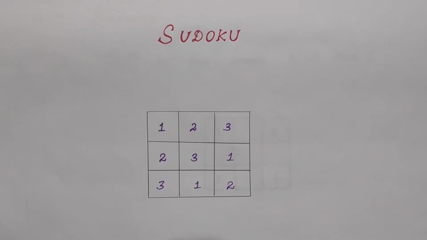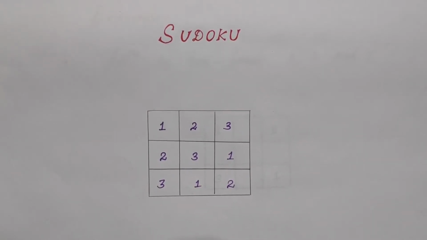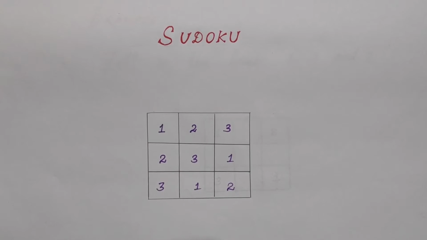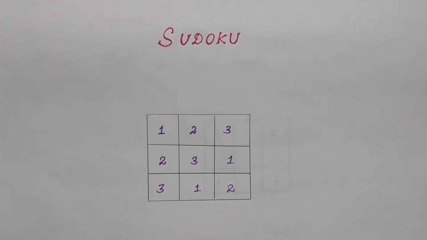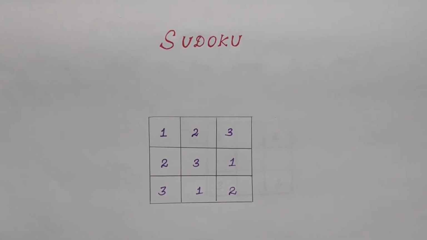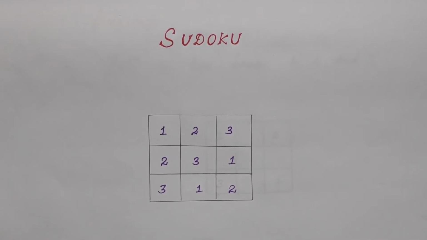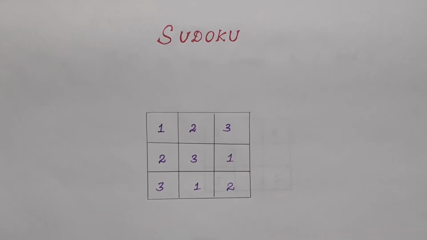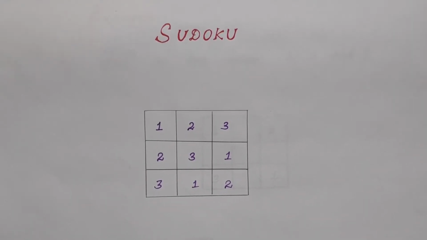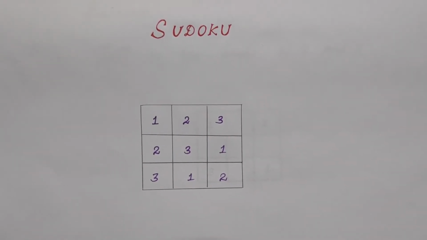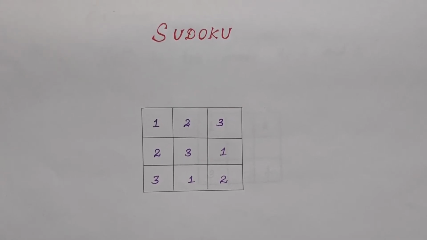Sudoku, it is a number puzzle considered to be one of the unique games in mathematics. Sudoku is a type of game which creates more interest and involvement to learn mathematics in a very easy manner. This Sudoku is played on a grid.